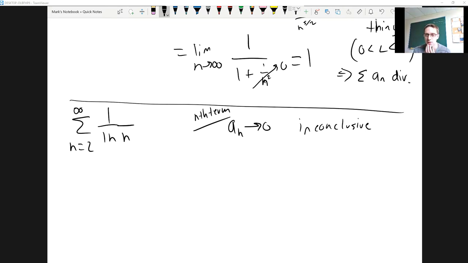All right, and so let's think of another divergent series that we might compare to. And the first one that comes to mind that we've often referenced in some of our examples is the sum of 1 over n. Right? We know that this diverges. Whether we start at 2 or 1, it's going to diverge, and that's the harmonic series.